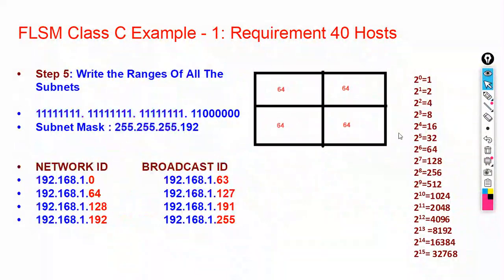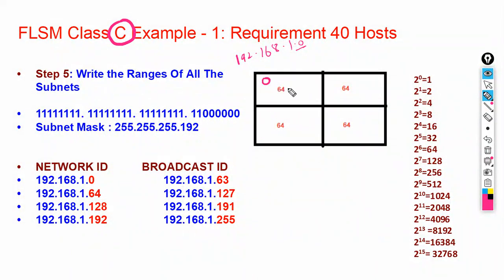What is the last step here? We need to write the range of all the 4 subnets. So guys, in our first step, we selected class C. So we will take any network from class C. Let us say 192.168.1.0 network we have taken, and 0 is the network ID of the first subnet.